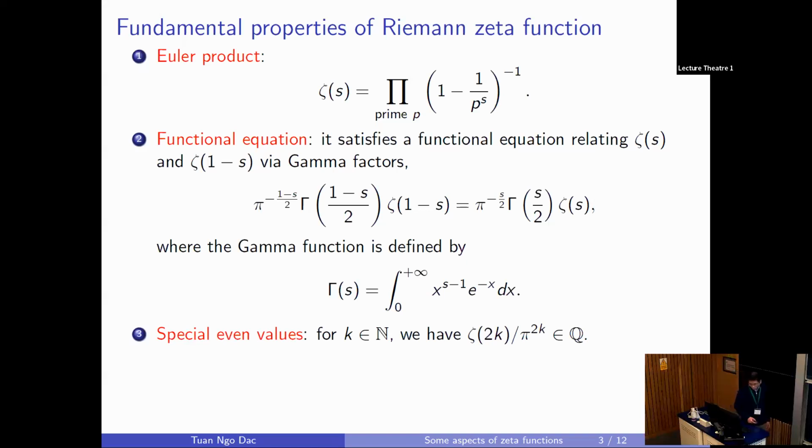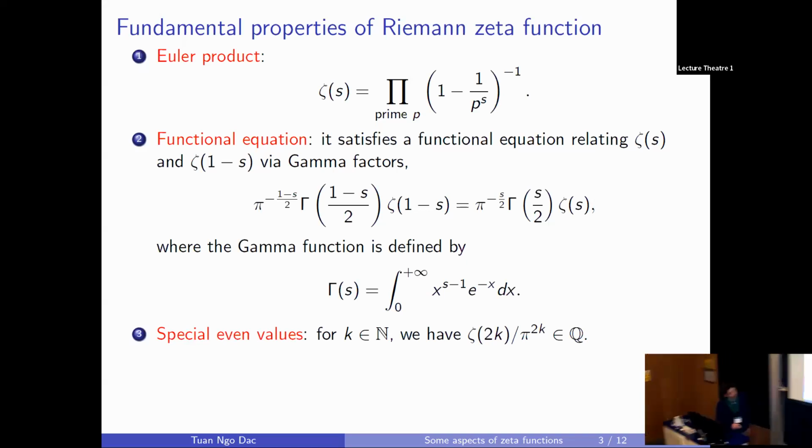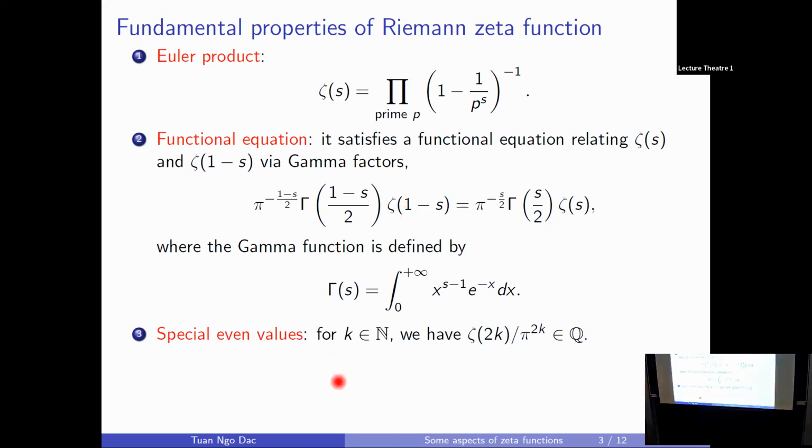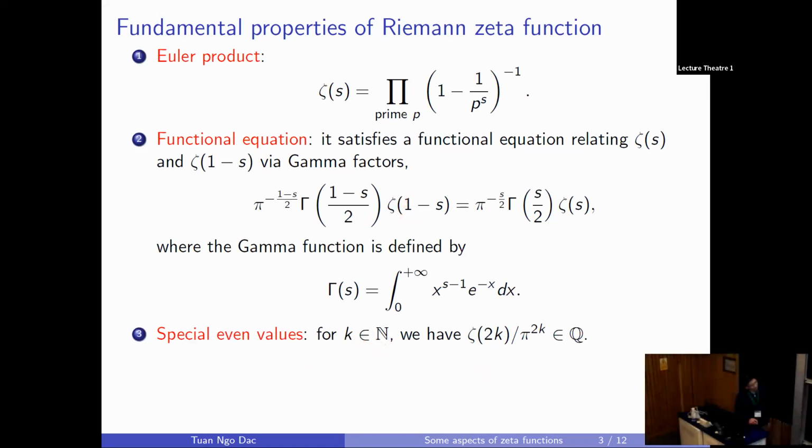The third one is a result discovered by Euler a long time ago, which says that if you take k any positive integer, then zeta of 2k is a product of a rational number times a suitable power of pi.